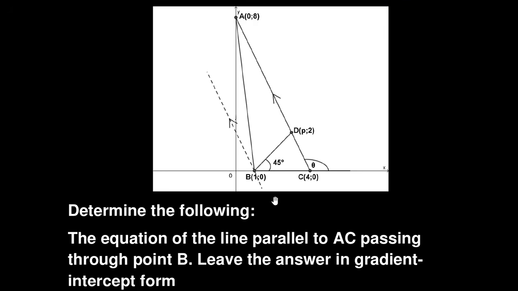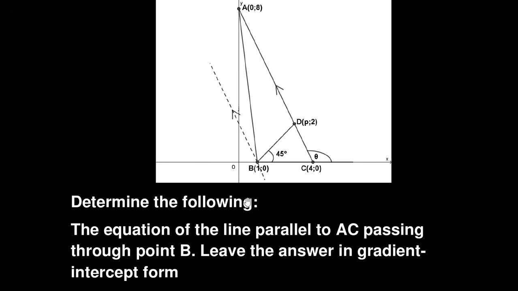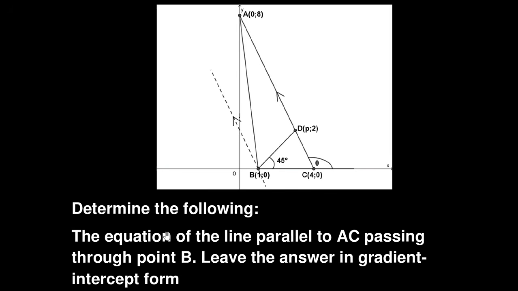Let us move on to another similar question, still on this diagram. It says, determine the following: the equation of the line parallel to AC. So we still have our AC in this case. So this is our line AC.